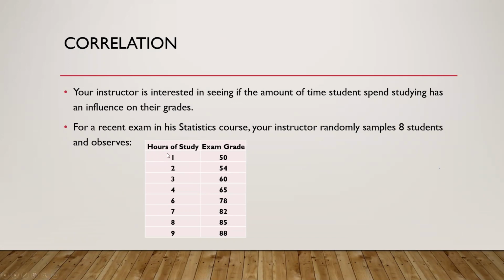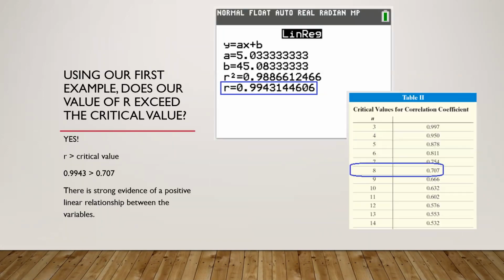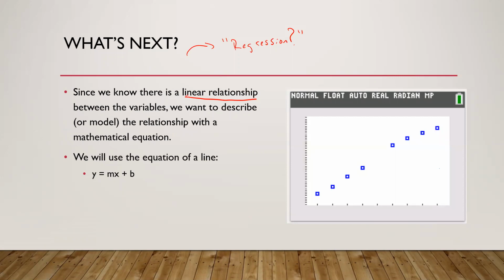We said hours of study was our explanatory variable X, and our exam grades was our response variable Y. This was our scatter plot for it. Over here we had hours of study, and here we had exam scores, which is our Y variable.